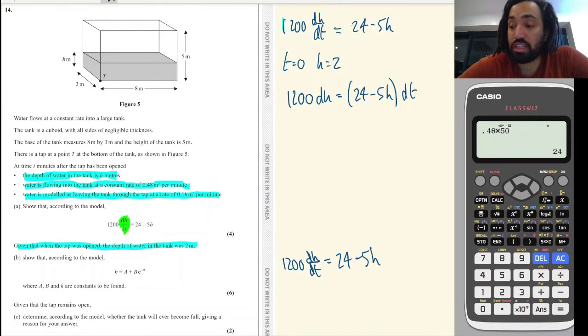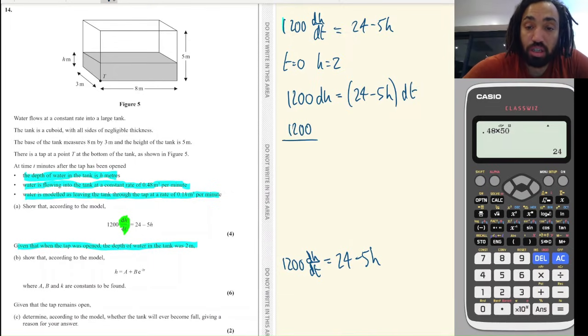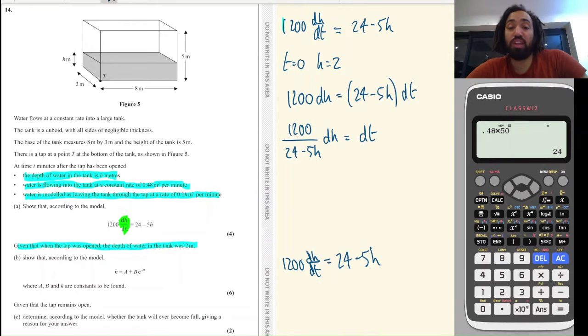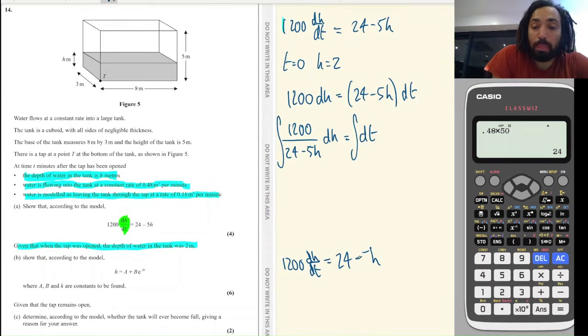So that gets dt on the right hand side, and then let's move this over here to get 1200 over 24 minus 5h dh, and that's equal to dt. So now all of the h's are on the left side and all the t's are on the right hand side, so we've split the variables up, separation of variables, and we can now integrate both sides.